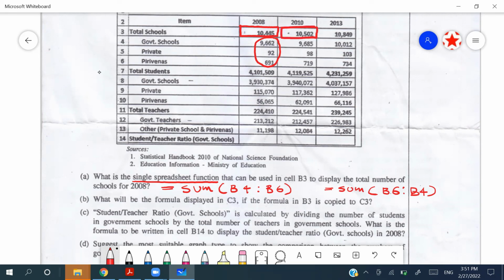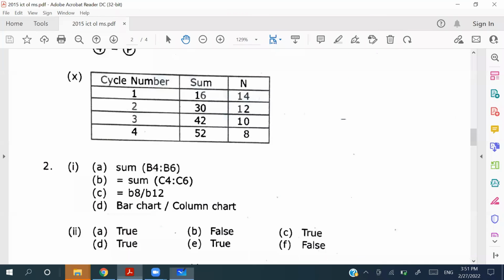I'll go with the marking scheme. The first answer is sum B4 colon B6. The second answer is equal sum C4 colon C6, when it is copied to the next cell. You can have 2.5 marks for part A and 2.5 marks for part B.